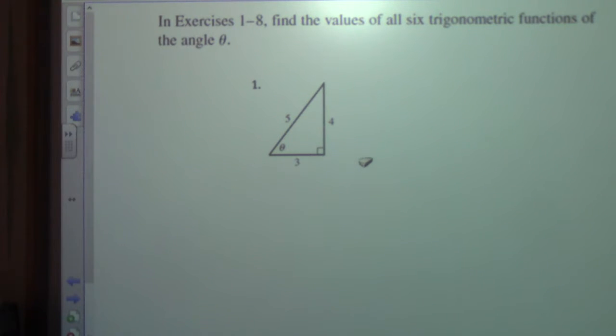And I like to call them trigonometric ratios, because ratios, to me, is a more explanatory word, explains the situation better.